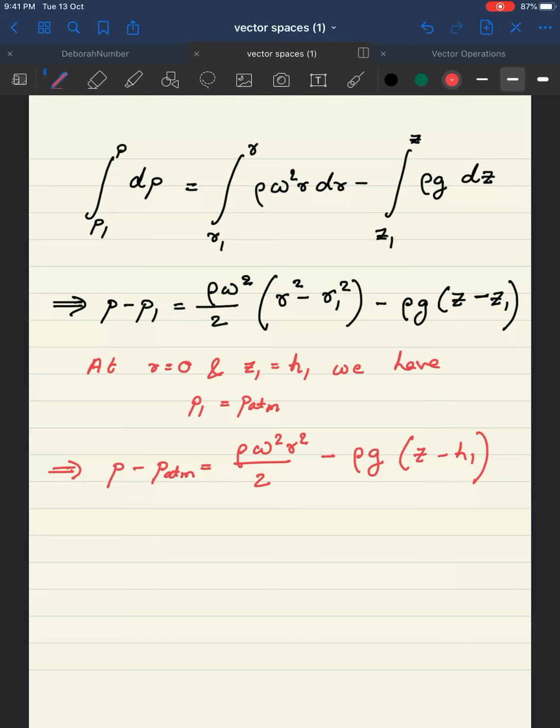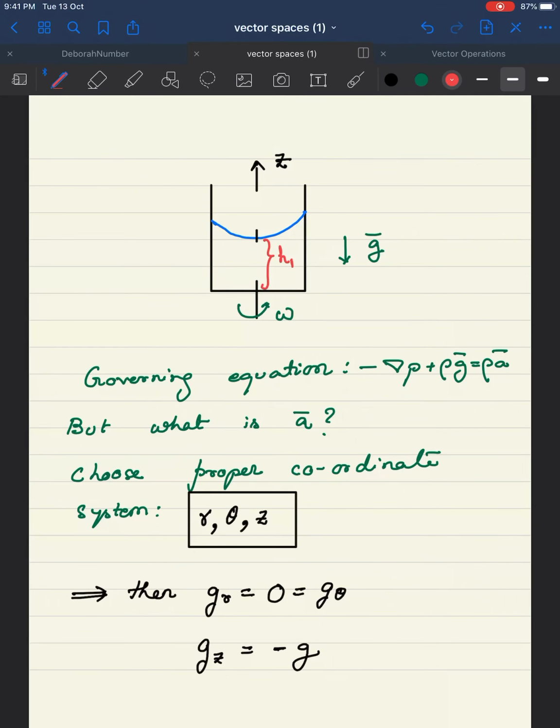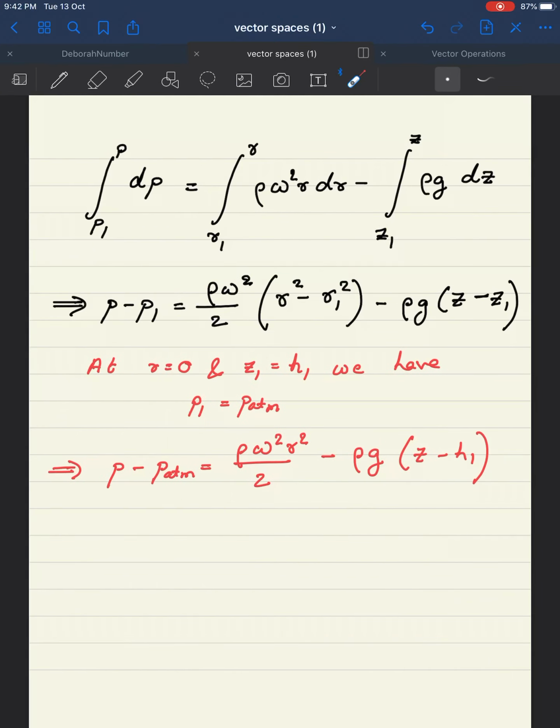But what was the actual question? The question was, how will you find the equation for this meniscus? So what happens at the meniscus? What is so special about the meniscus? Well, at the meniscus, your pressure is P atm, right? So at this free surface, or at the meniscus, P is always equal to P atm. So your left hand side is 0.